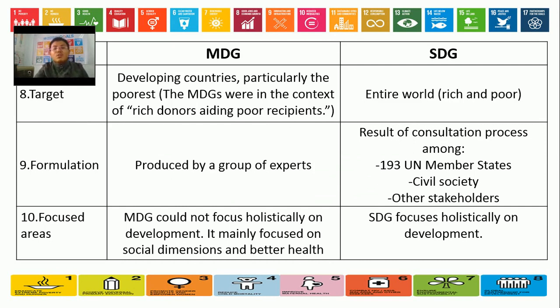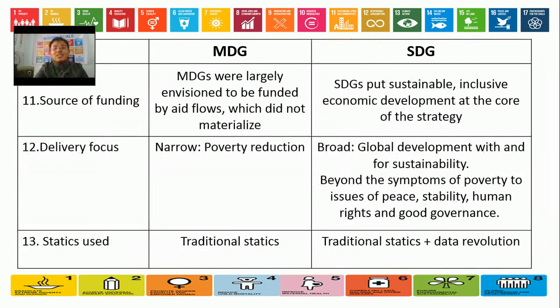MDG could not focus holistically on development. It mainly focused on the social dimension and better health, while the SDG focus holistically on development, covering all the aspects of development.